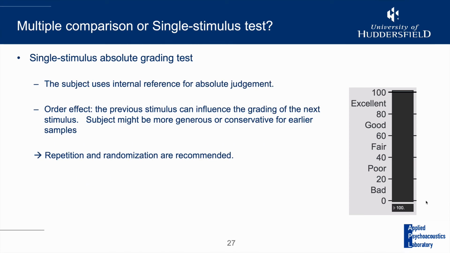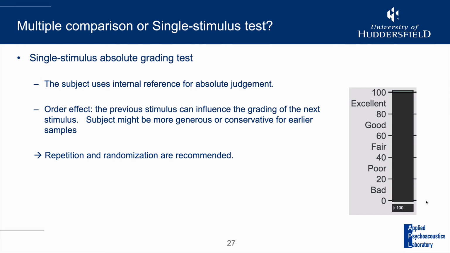But a single stimulus test relies on the subject's internal reference for absolute judgment because there is nothing to compare against the stimulus to be tested. And there is a potential order effect in this case. The previous stimulus tested can influence the grading of the next stimulus.